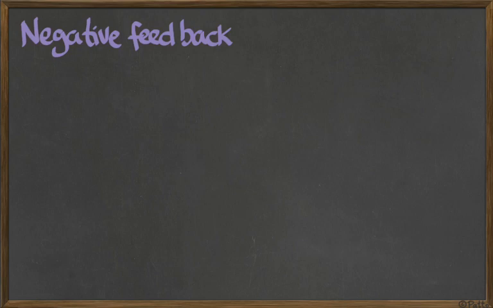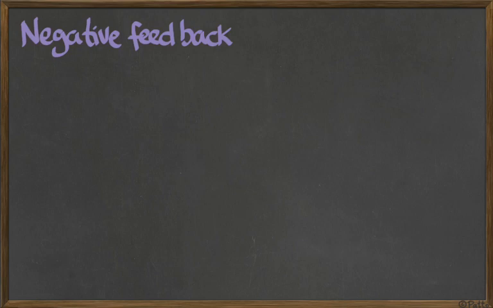Just to take advantage here, negative feedback is a way for us to control this. What we are actually talking about at the moment is negative feedback. This will be very important for many things in biology, and also in physics and chemistry.